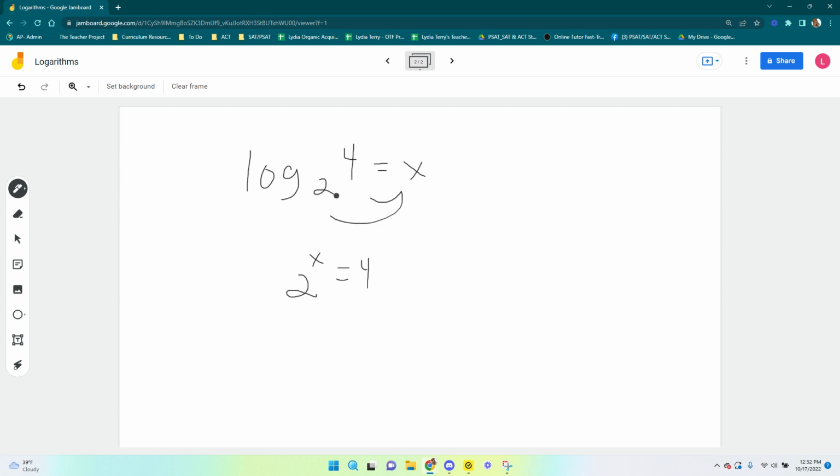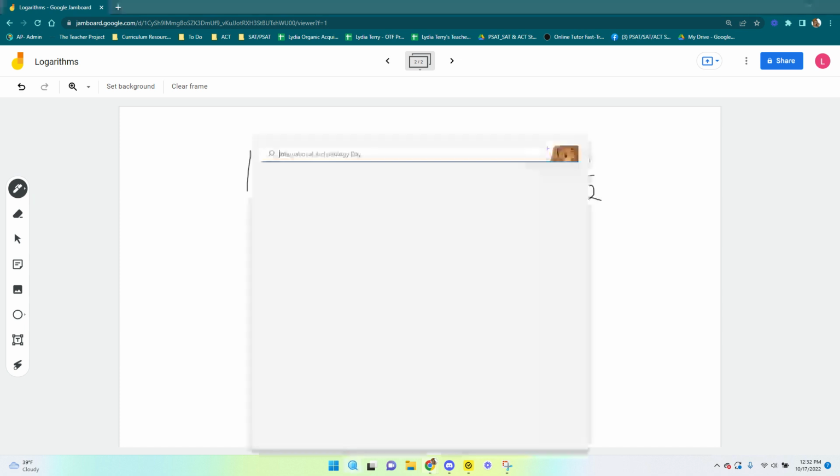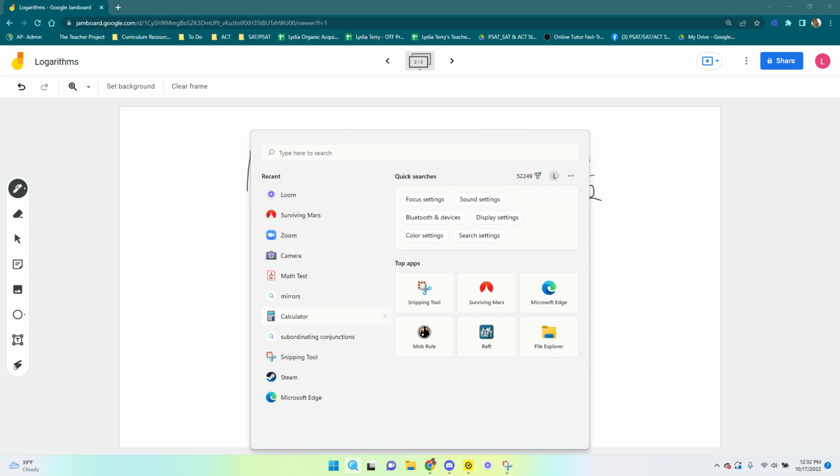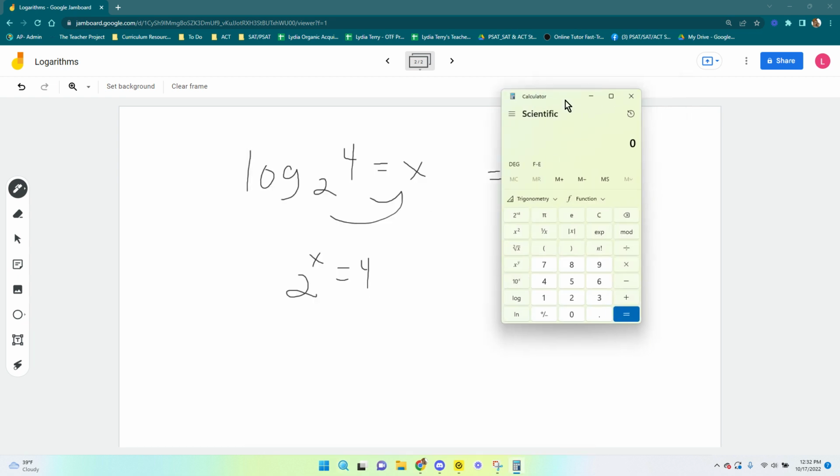So this would be the same thing as log base 10 of 4 over log base 10 of 2. Actually, I hope I got that right. Okay, let's see if that's true.